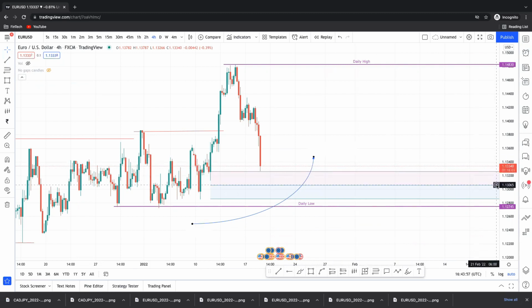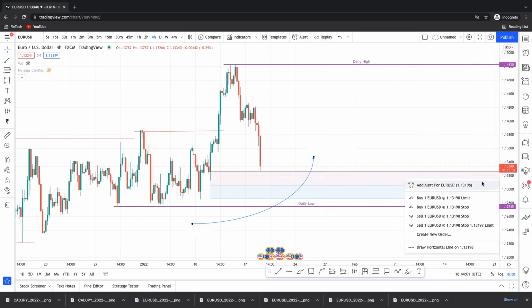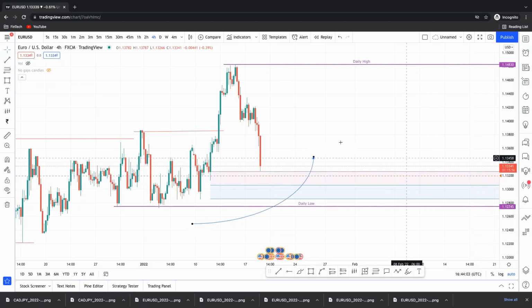Let's put the line here on the 50% of this wick, which is actually more significant than the others, because price is already efficient here, and this liquidity wick will be reacting from there. If it pulls to here, that's about 90% retracement, and I don't like that.